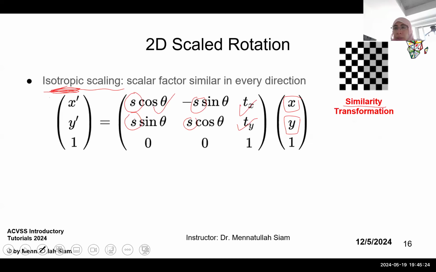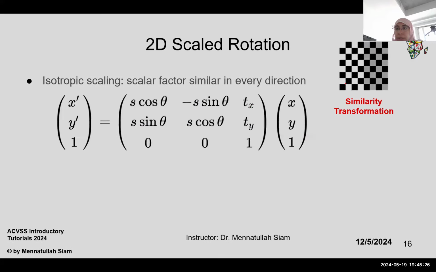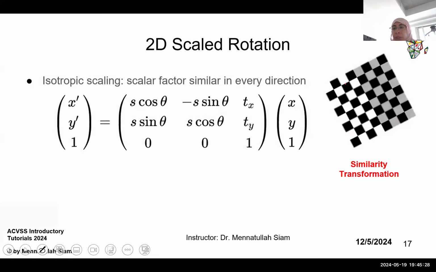You see this square, it's still the same checkerboard. It's basically just rotated and scaled, it became bigger, but with the same scale factor in both directions, X and Y. So how many degrees of freedom do you think this will have? Degrees of freedom.